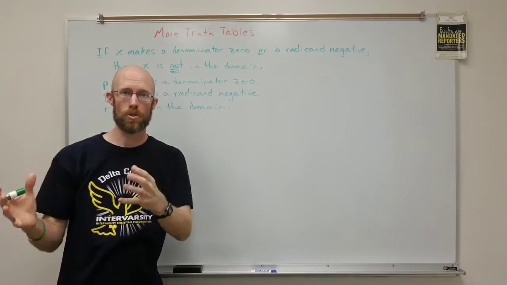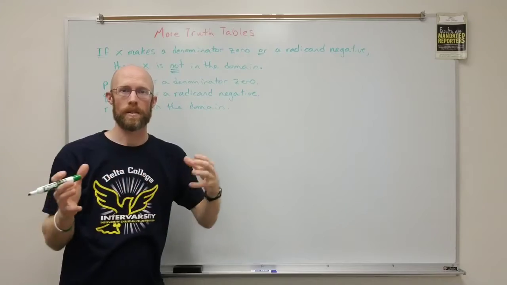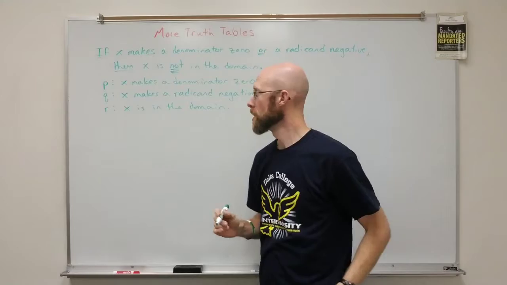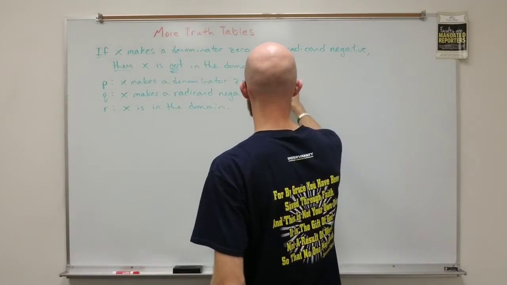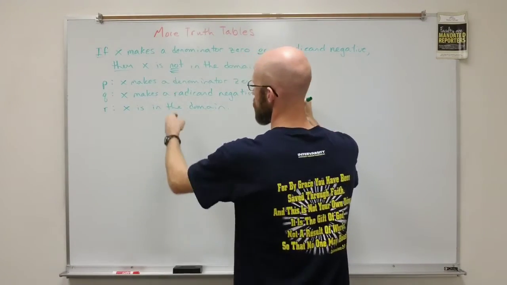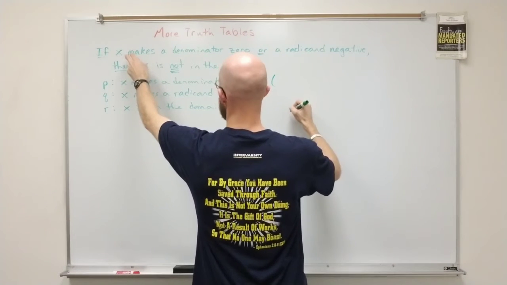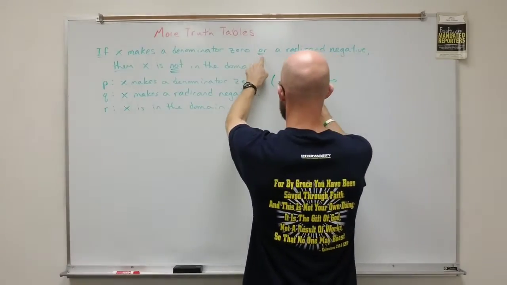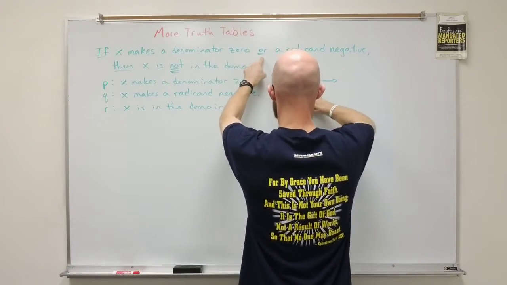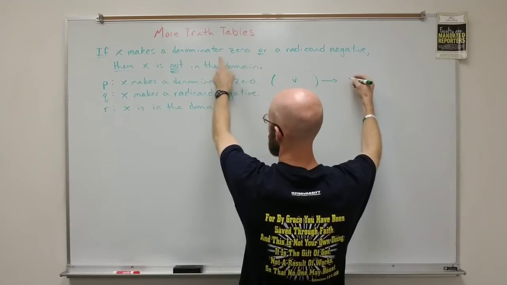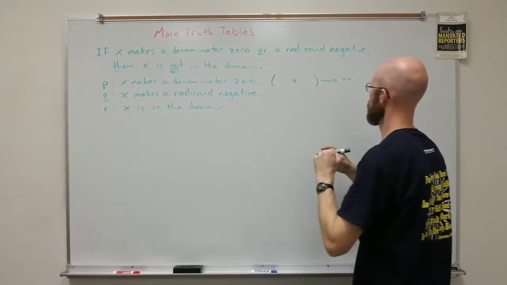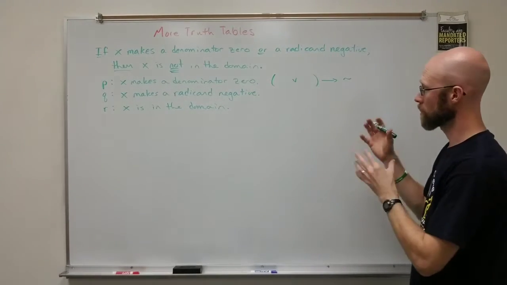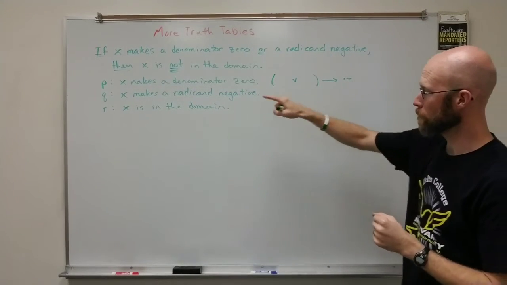So you really have two big parts here, the if then, and then within that you have the or and the not. So let's write this out as if the disjunction, then the negation. All right, so now I've got the structure in terms of the connectives.